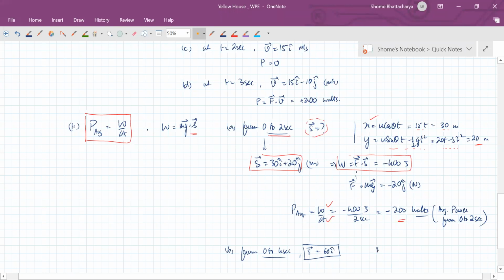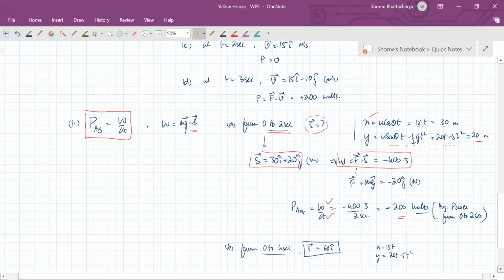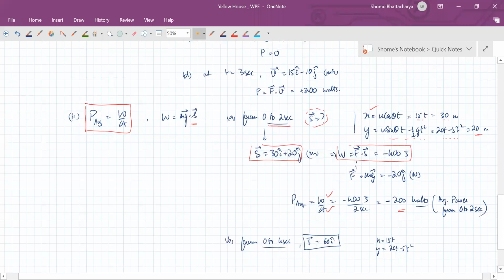When you calculate it, you'll see it will come out to be this. So the work done will come out to be 0. So the average power will come out to be 0.